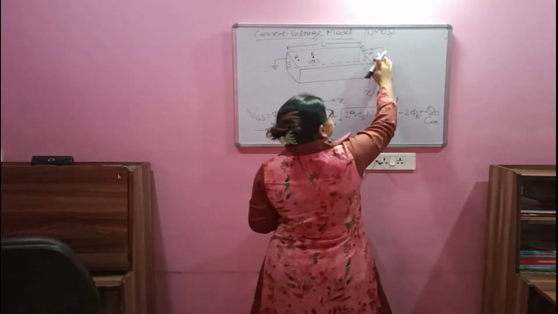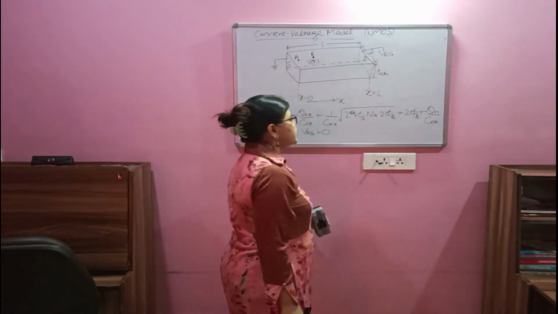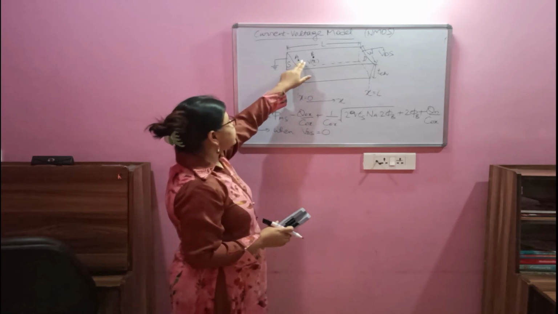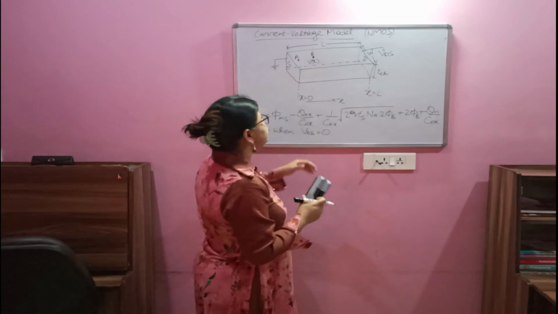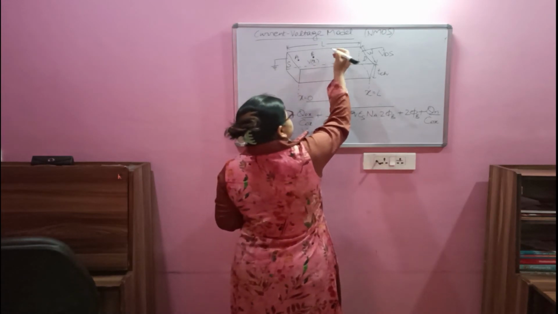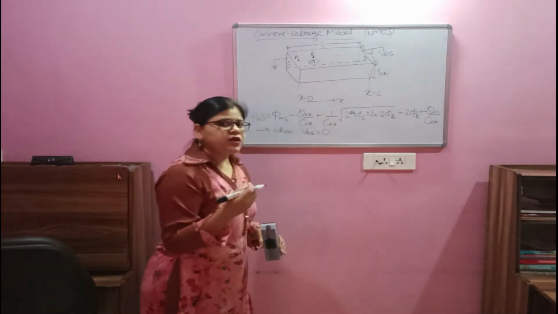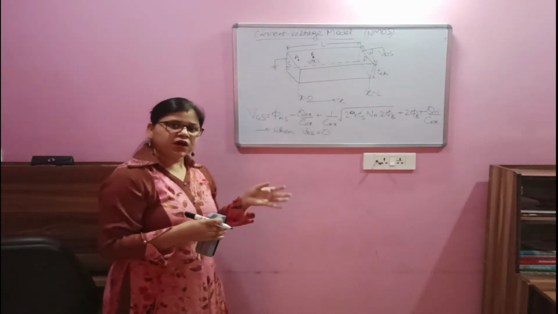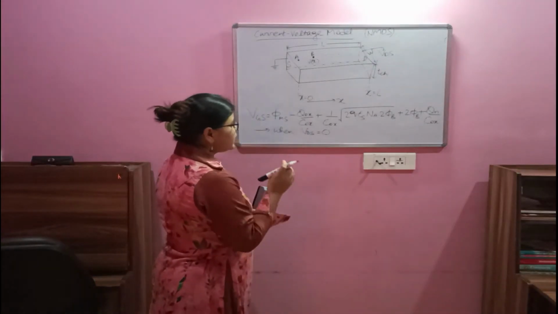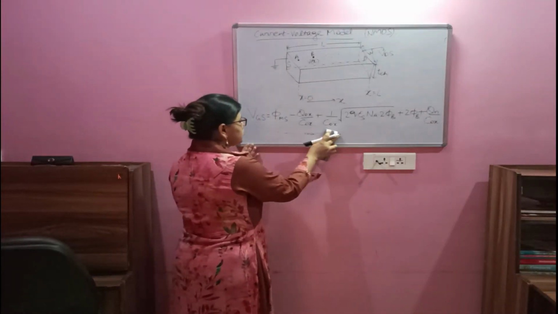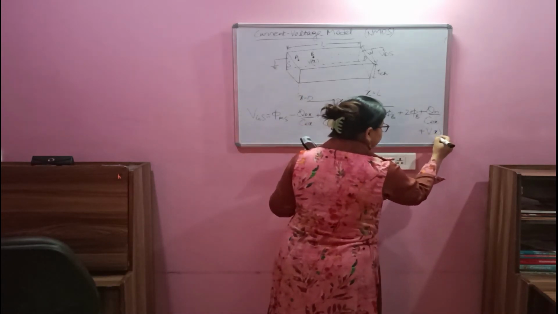But now, if I am going to have some finite potential over here, then what will happen? The potential at point A, which is near the source, will be different. Potential at B will be different. Similarly here, here and here. Anywhere I take a potential, it will differ from the earlier one. So now one additional term will come into this equation, and that will be plus V of x.